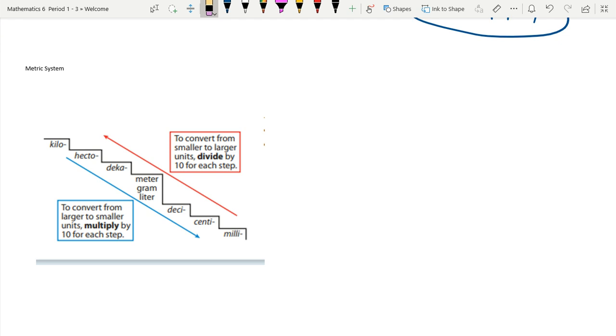So a meter is, we're going to start right here, okay, right in the middle. So if I had something like, let's say I'm converting 5 meters, and I'm starting right there. Okay, I'm going up 3 steps. You can see that my red arrow is going to the left.